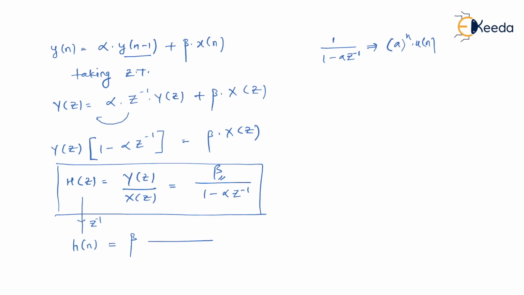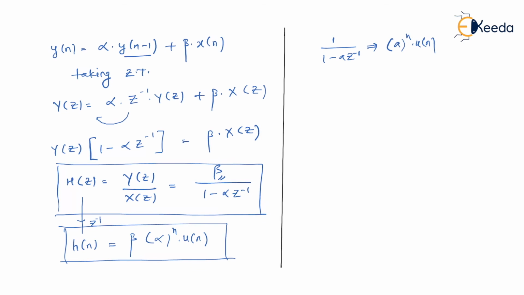So using the same concept, what I can write over here is alpha to the power n u(n). This is h(n). And now they have given us something, that is the summation from n equal to 0 to infinity of h(n).